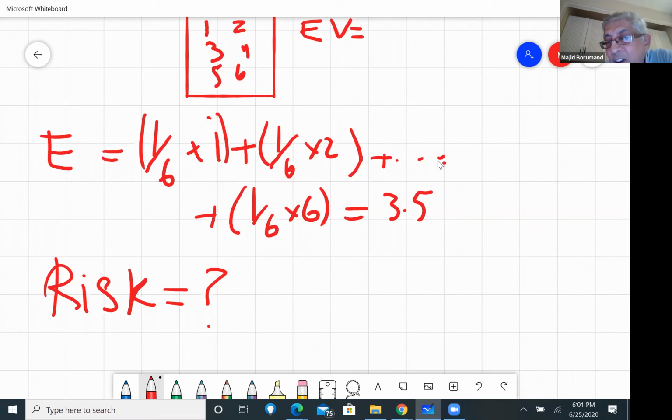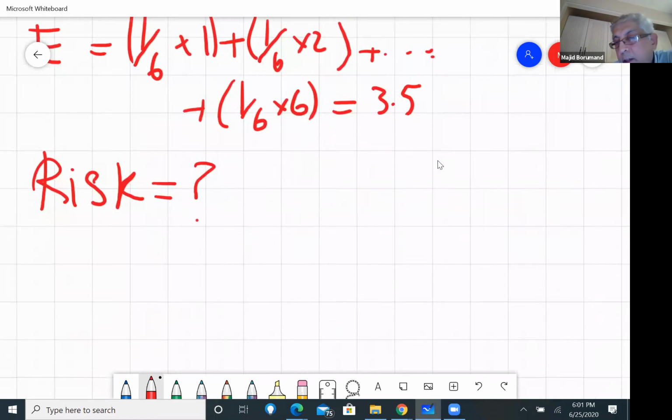That means what you get is what you expect. There is no risk: expected value is 1,000, actual value is 1,000. But when you buy a stock, you have an expected value and most likely the actual value is going to be different. So the larger the spread and dispersion between the actual values and the expected value, the riskier the investment.